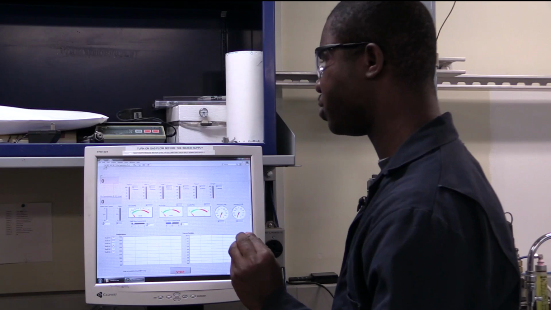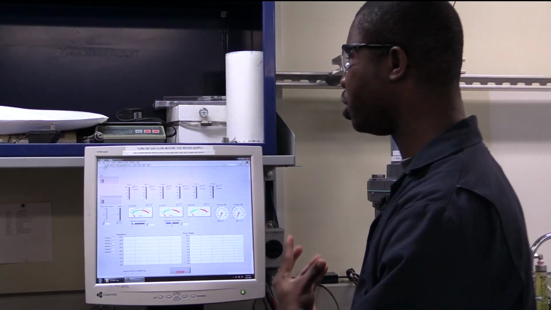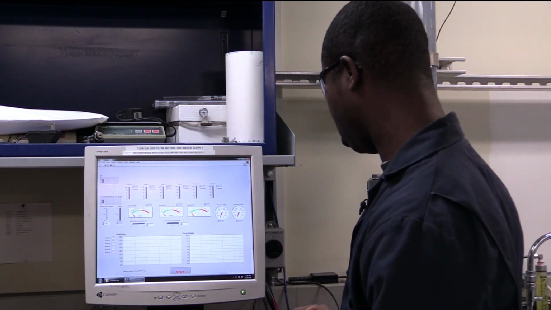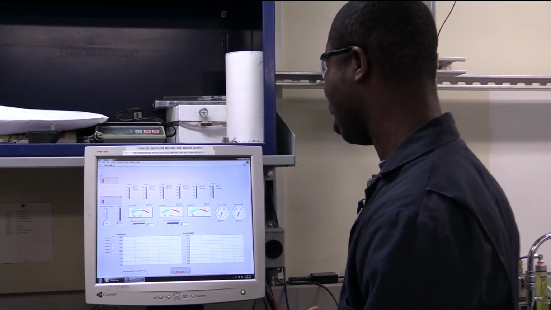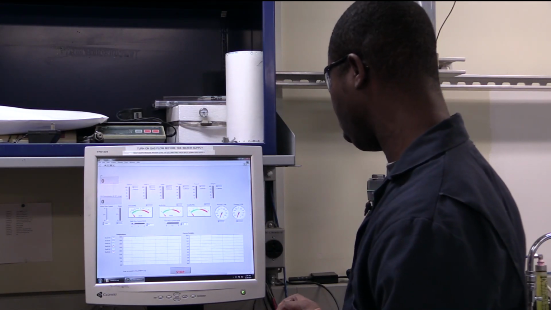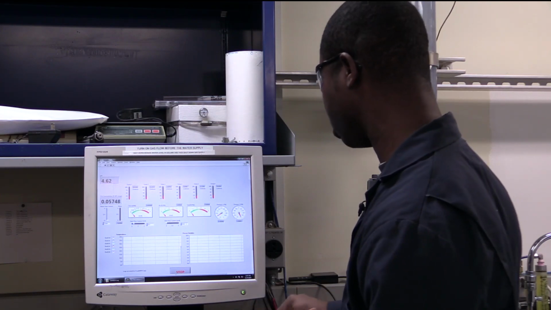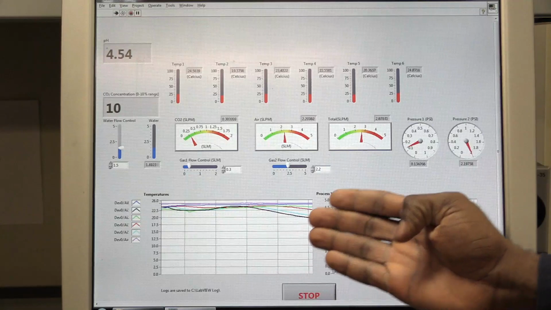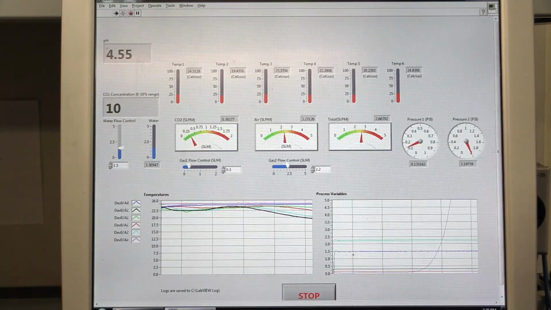First, we'll start the process with the gas flowing into the system, and then afterwards, we will run the amount of water we want to go into the system. As you can see, we can already observe different transients in the system, especially temperature T4 within the column and T5. The expectation is that they'll be quite close to each other.